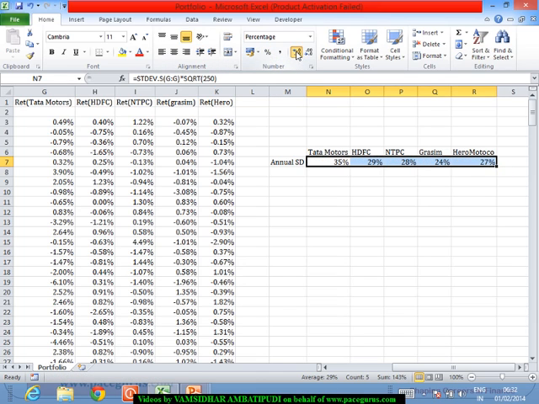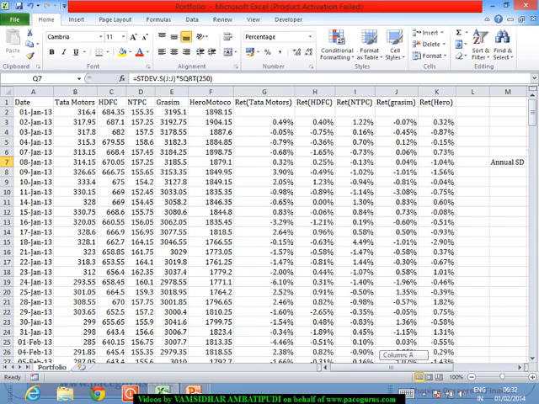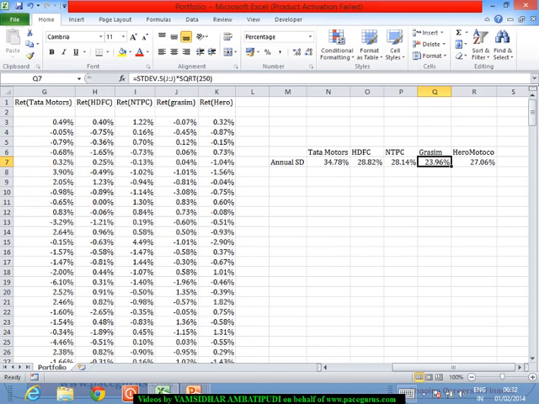Straightforwardly, Tata Motors has been much more volatile during the period, whereas Grasim is comparatively much less volatile during the same period. So I require the annual standard deviation.